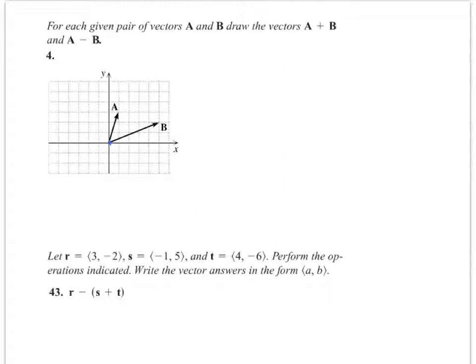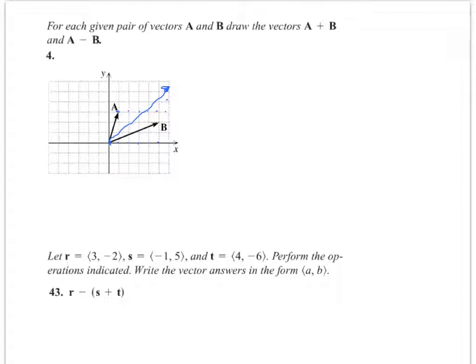Vector b, the horizontal component is 1, 2, 3, 4, 5, and the vertical is 2. So there's my tip, and I'm going to put my tail right there. So I'm going to go 1, 2, 3, 4, 5, and up 1, 2. Put that right there. And that's my a plus b vector.